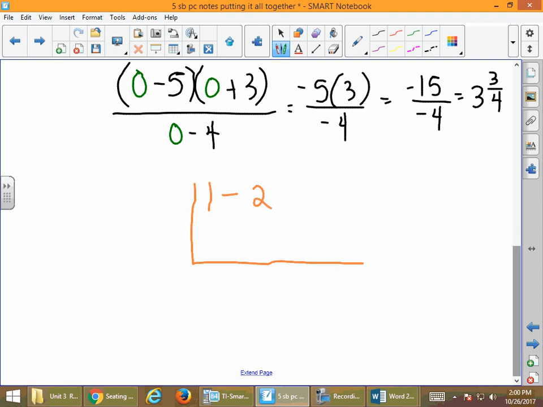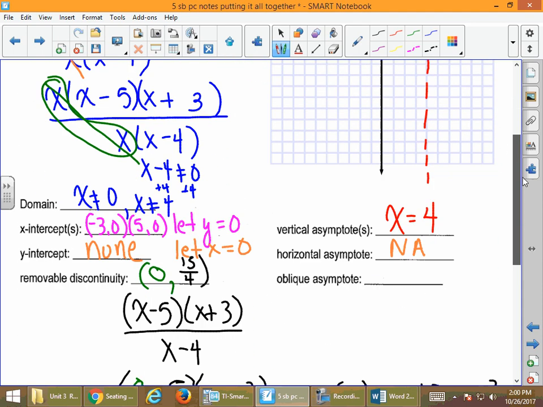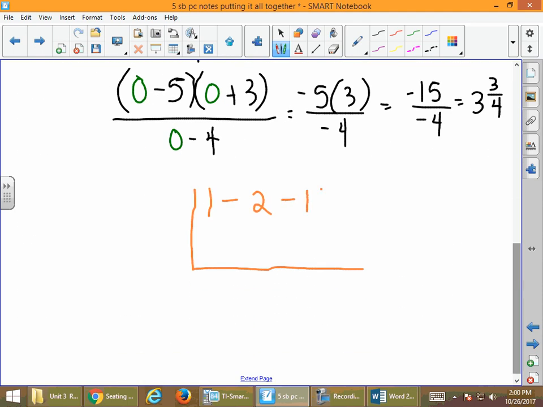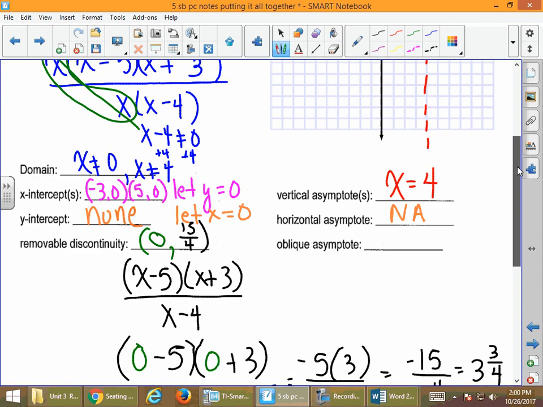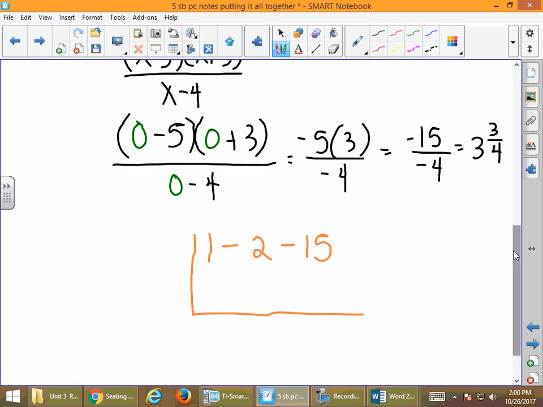Then it's minus 2x, so it's going to be minus 2. And then our constant is minus 15. We're dividing by x minus 4. So instead of putting negative 4 out there, we're going to put positive 4. If it was x plus 4, we put minus 4. But it's x minus 4, so we're going to put plus 4.